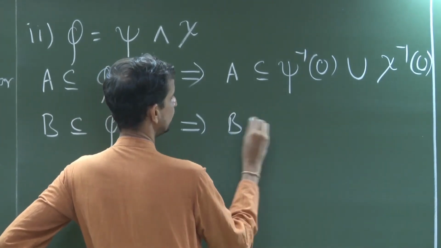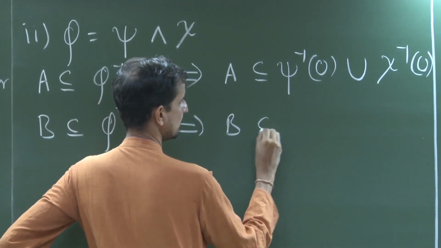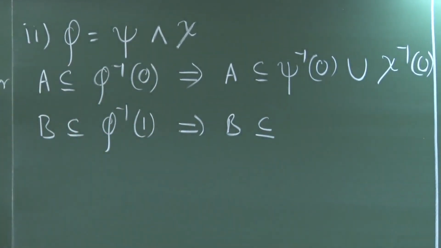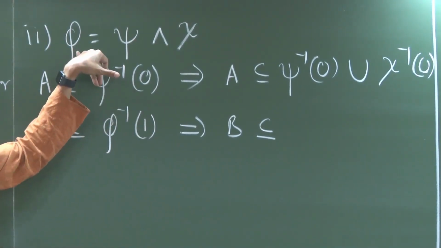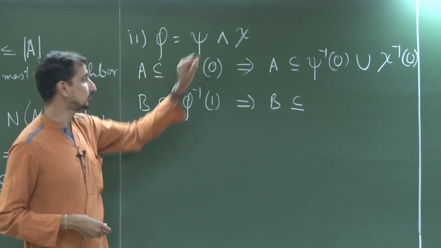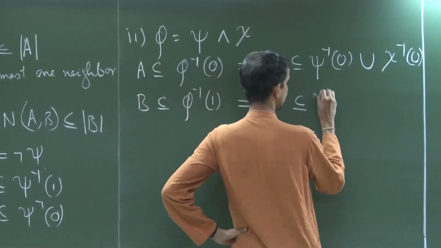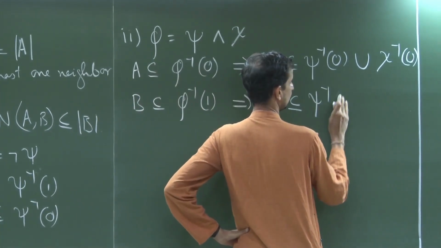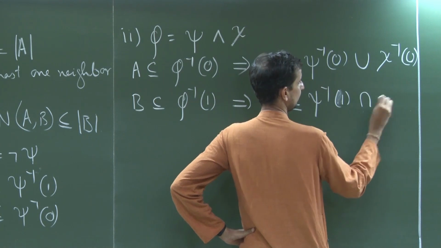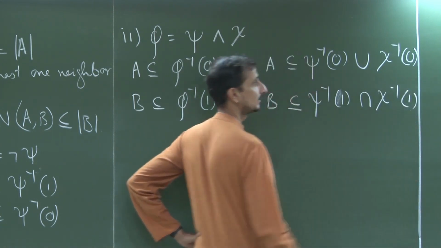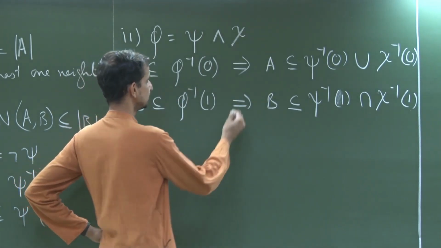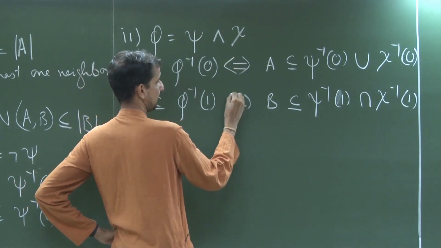Okay. Now, if I take B such that B is a subset of phi inverse 1, what can I say about B over here? So, when is an input mapped to 1? If both of them are 1, right. So, what should it be? It will be psi inverse 1 intersection with chi inverse 1. Once again this is if and only if, right.